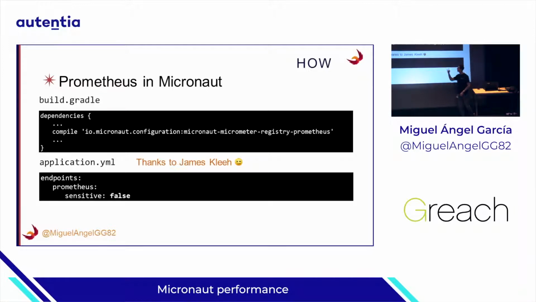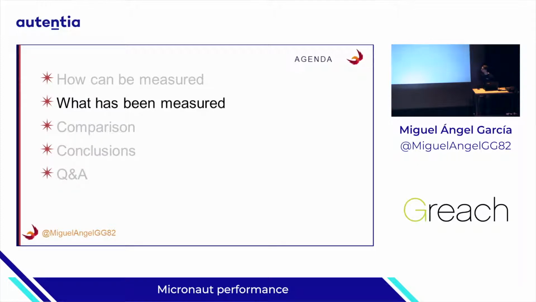Thanks to James Kleeh, who told me that if you don't put this, it doesn't work, because all the endpoints in Micronaut are sensitive by default, so you need to disable that for Prometheus.